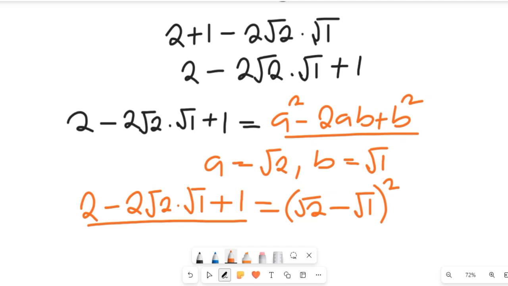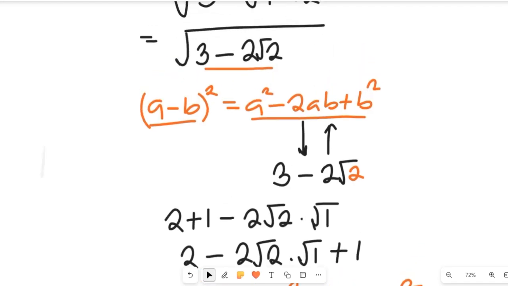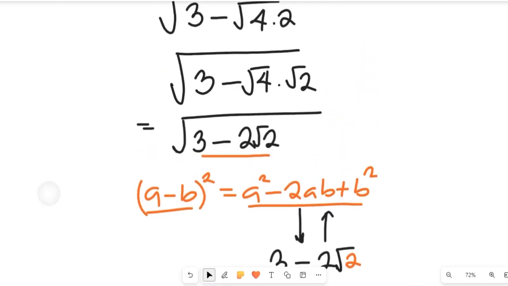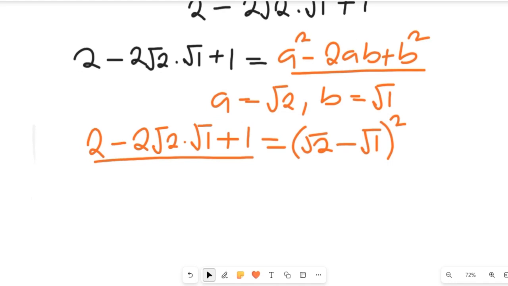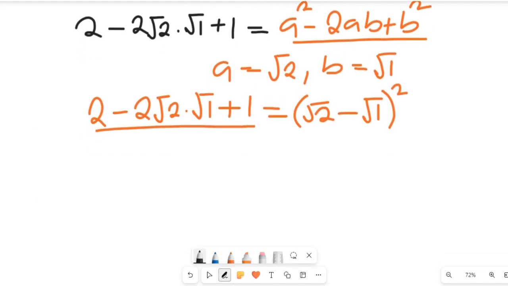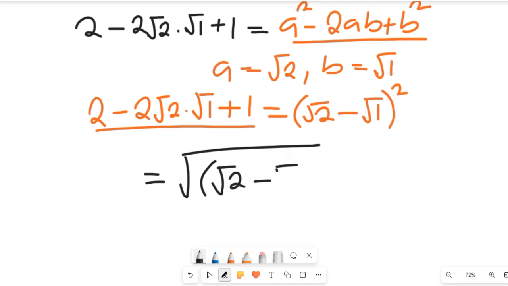So if this becomes the output of that, now we can take this back to where it was before by putting back the initial square root. Remember the general square root, we neglected the general square root. So the solution will be the whole square root of the square root of 2 minus the square root of 1, all squared, right?